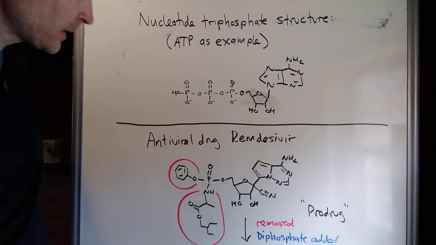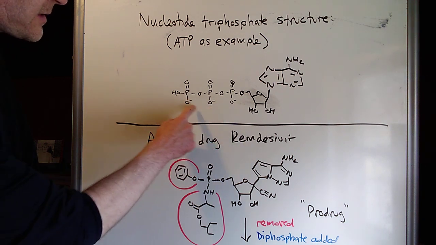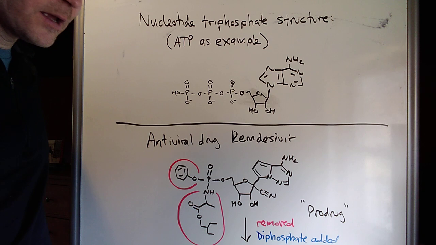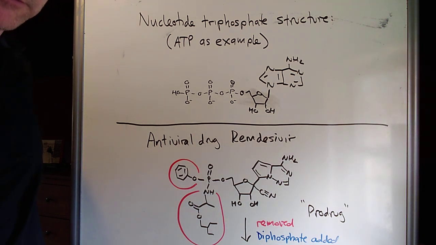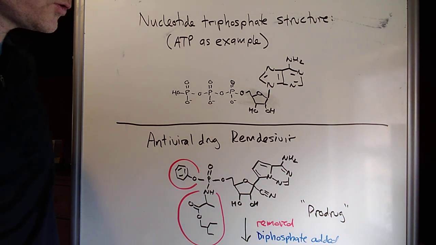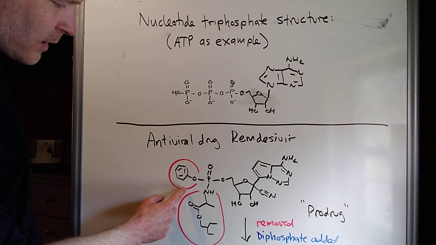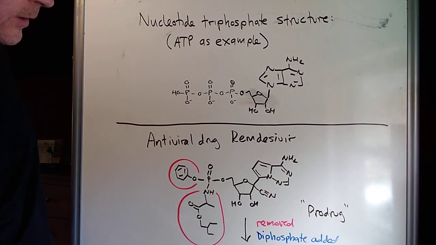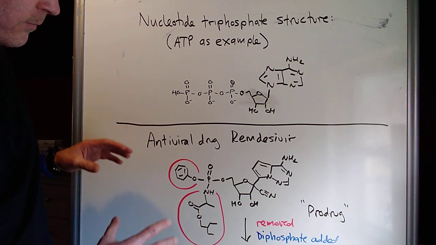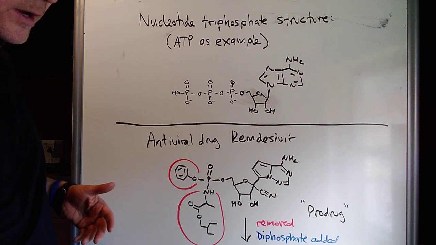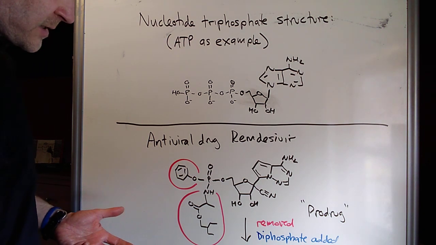That's because ATP itself is an ionic compound. Ionic compounds are generally very poorly absorbed as drugs, and they don't cross the cell membrane, so they're just not very useful. So these groups that I've circled in red on the remdesivir structure keep the drug neutral so that it can enter cells.